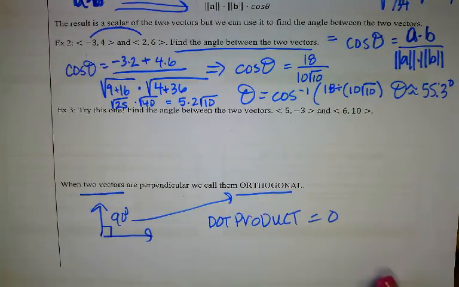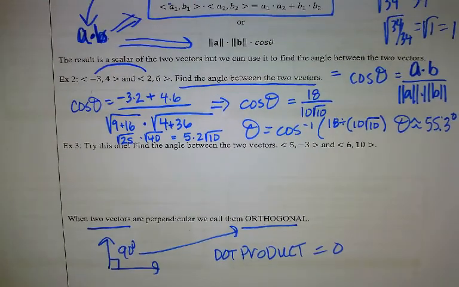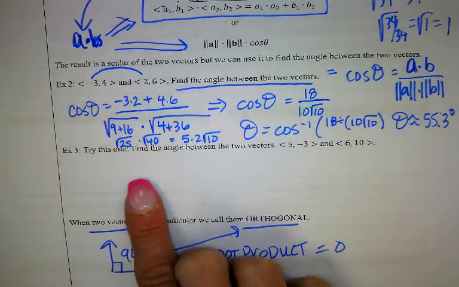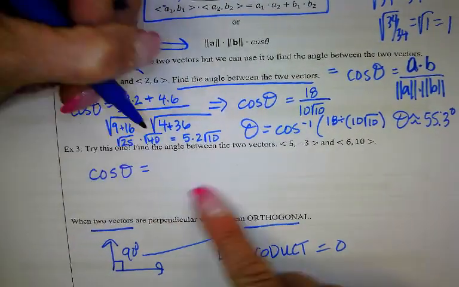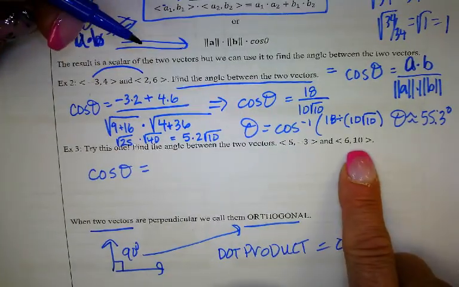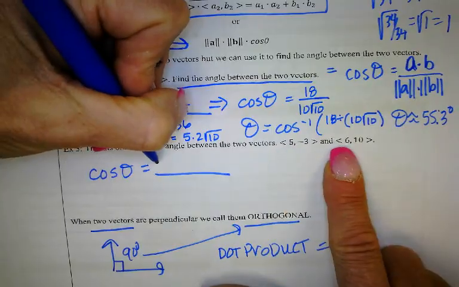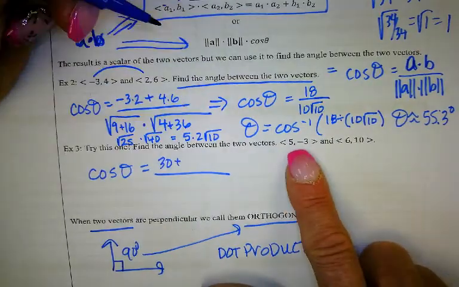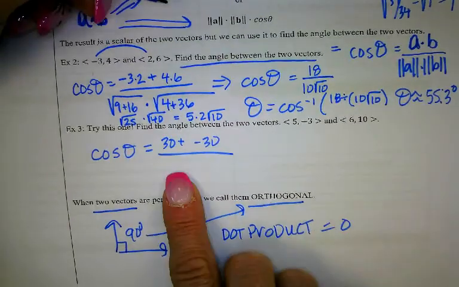Okay, so now I'm going to back up to this one. If I want to find the angle between these two vectors, the cosine of theta is the dot product of these. So 5 times 6 is 30, plus negative 3 times 10 is negative 30, divided by the product of the magnitude of each.